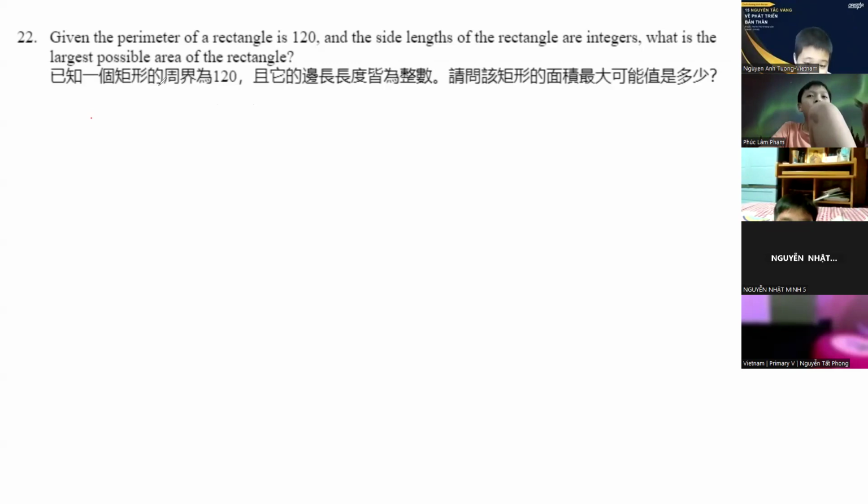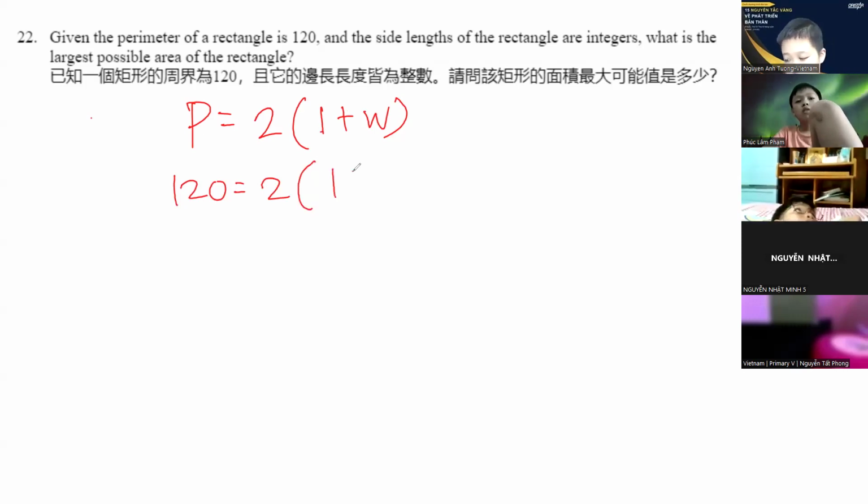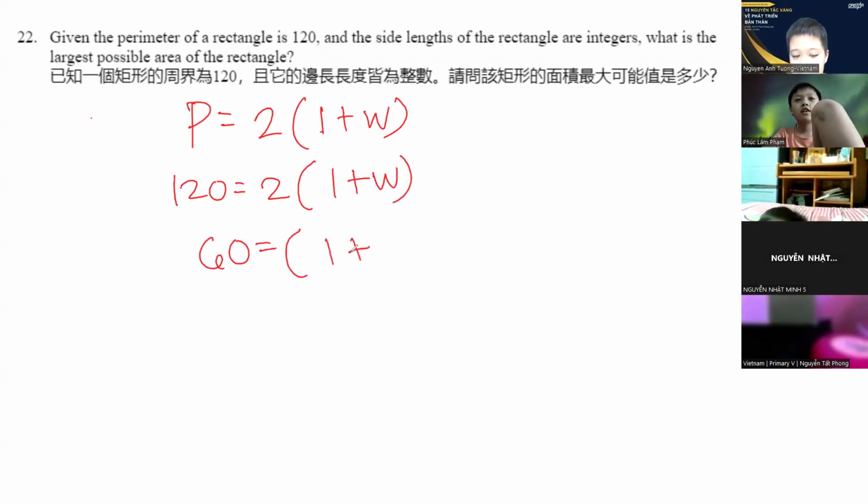Okay, so for number 22: given the perimeter of a rectangle is 120 and the side lengths of the rectangle are integers, what is the largest possible area? Remember, the perimeter of a rectangle is 2 times length plus width. If the perimeter is 120, then 60 is equal to length plus width.